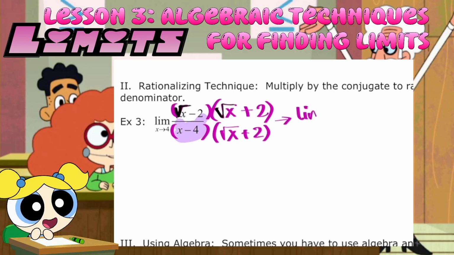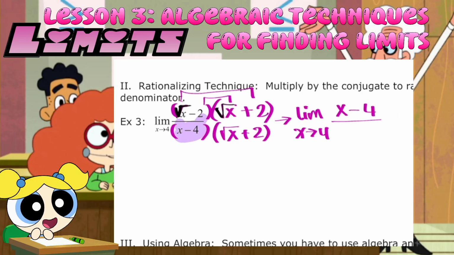On top, we have the limit as x approaches 4. FOIL on top. First times first, root x times root x, I get x. Outer and inner: anytime you multiply conjugates, they cancel out. Minus 2 plus 2. Last times last, I get minus 4, so x minus 4. You're going to be so tempted to FOIL on the bottom.